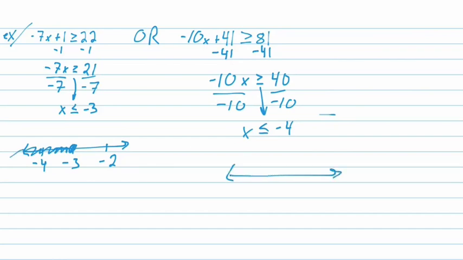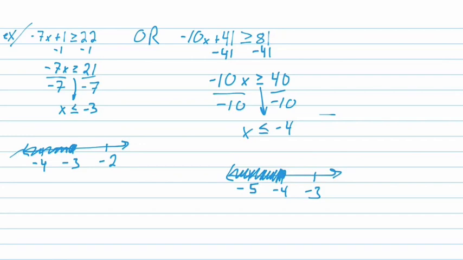Or it's anything going from negative 4, going in that same direction. So since it's an or, it can be negative 3. It can be negative 4. It can be negative 5. It can be negative 6. It can be anything going that way.